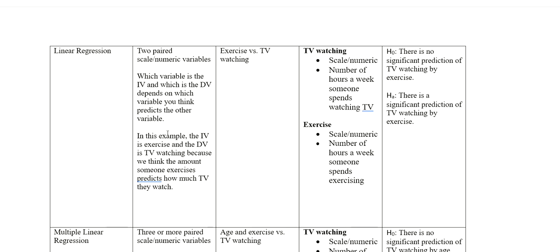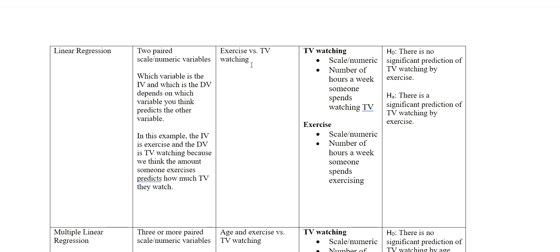So the correlation is where we don't really know. You know, we aren't saying one predicts the other. That's where you get that whole correlation is not equal to causation, because we don't know if one predicts the other. But with a linear regression, if it's significant, we can say that one variable predicts the other. You can still switch the variables. The only difference is if you switch the variables here, you will get a different answer.